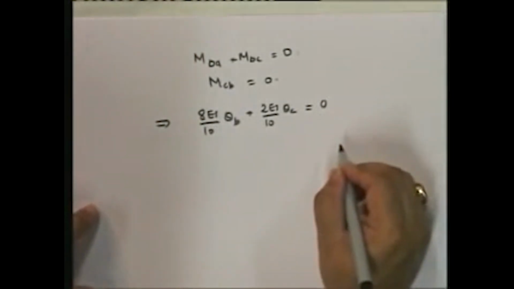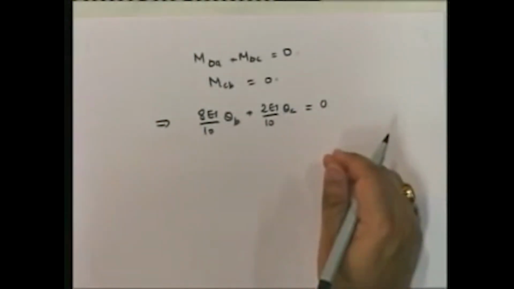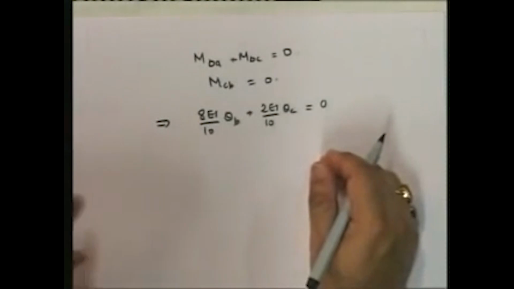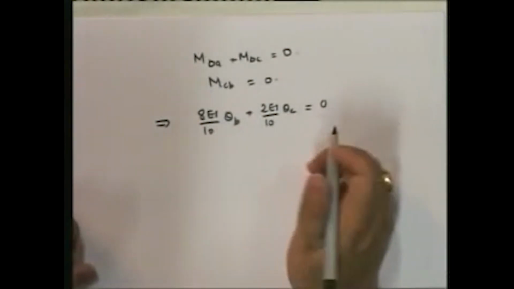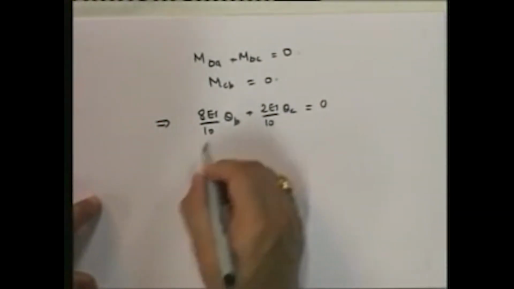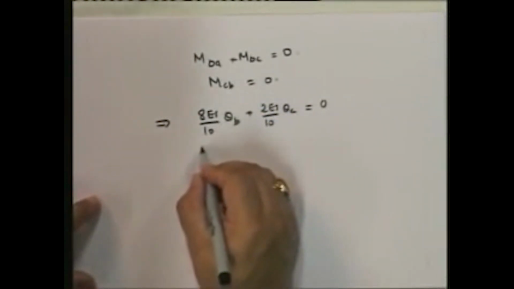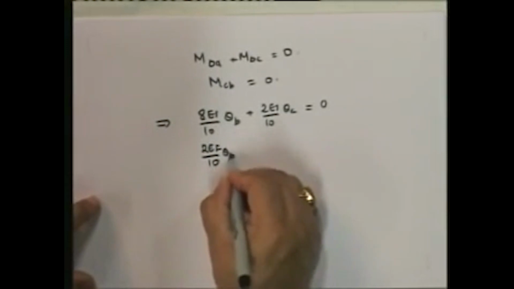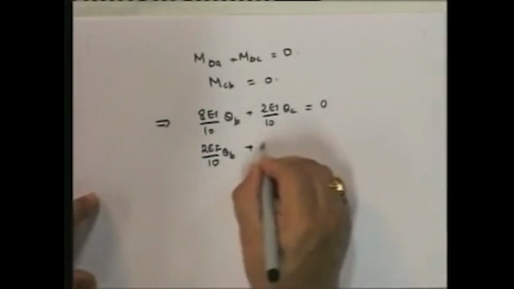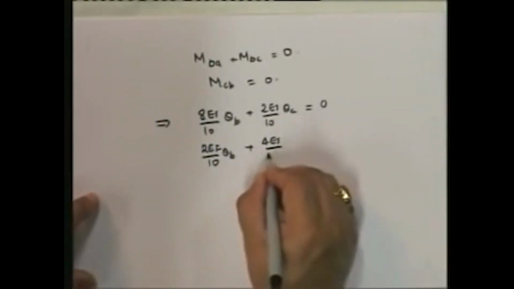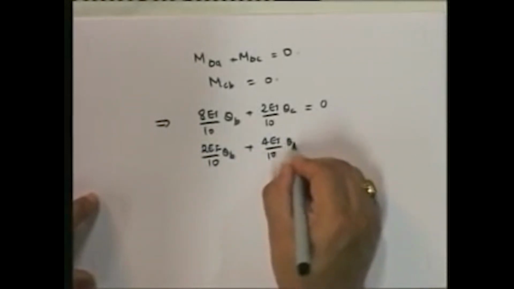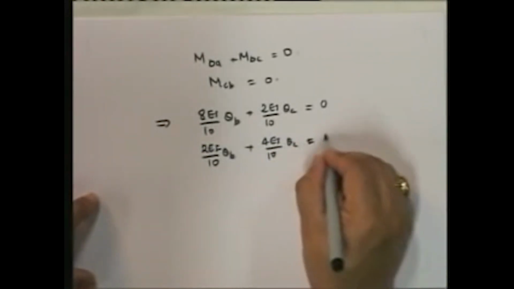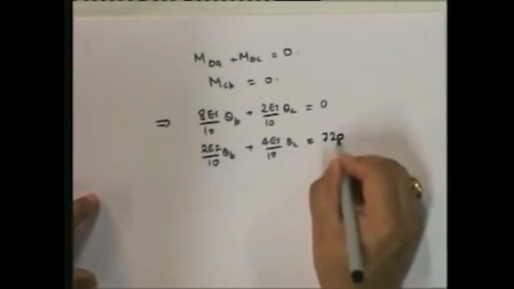This becomes 8EI upon 10 theta B plus 2EI upon 10 theta C is equal to 0. And the second equation, MCB equal to 0, gives us 2EI upon 10 theta B plus 4EI upon 10 theta C is equal to 720.